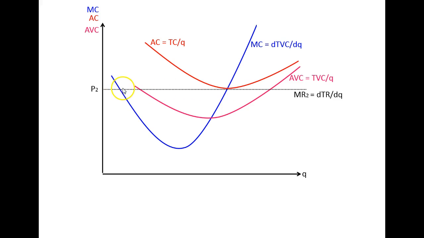When we look at this position, we see that the marginal cost is intersecting with the marginal revenue from above. And that means that each unit up to this one has had a marginal cost that is higher than its revenue. So this is a loss maximum, not the profit maximum.